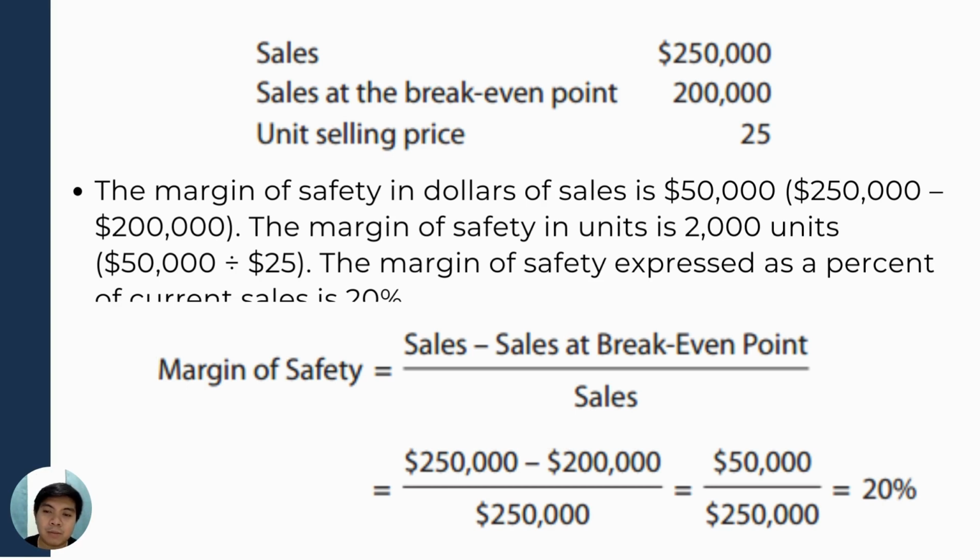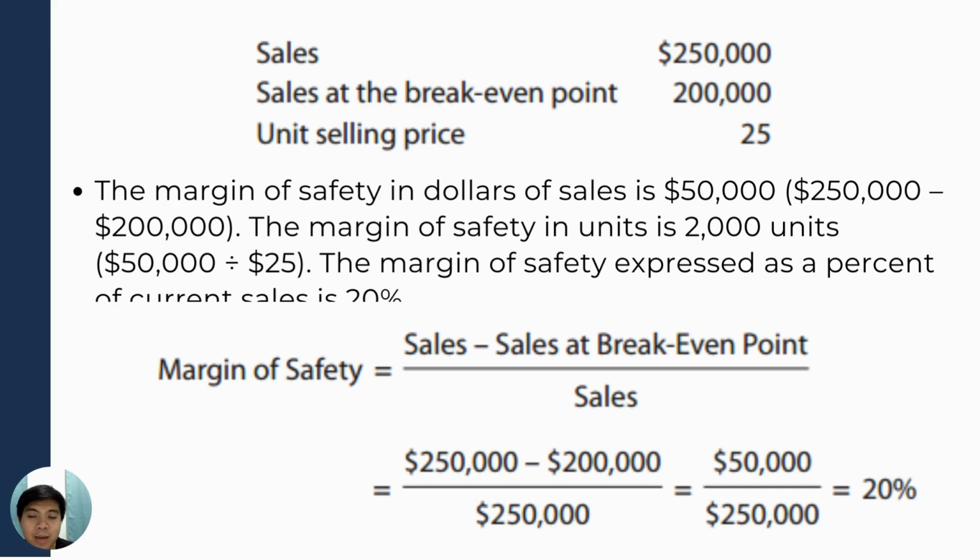The margin of safety in dollars of sales is 50,000. We compute that as 250,000 minus 200,000. The margin of safety in units is 2,000 units. We just divide the 50,000 by the 25 unit selling price.